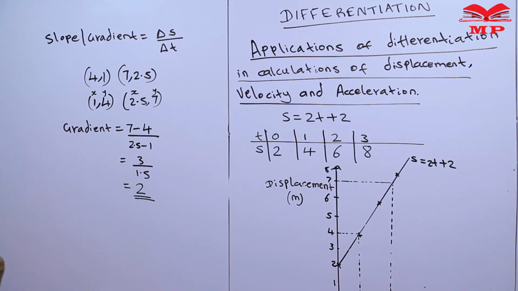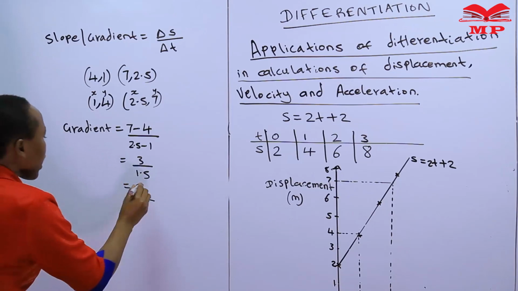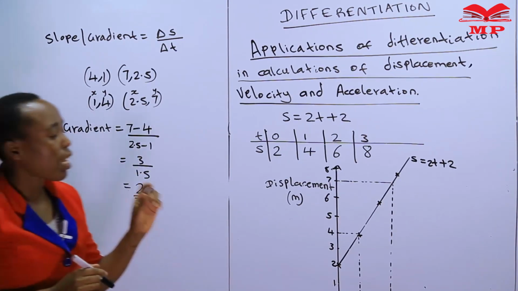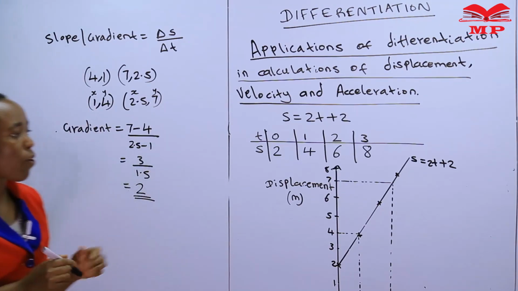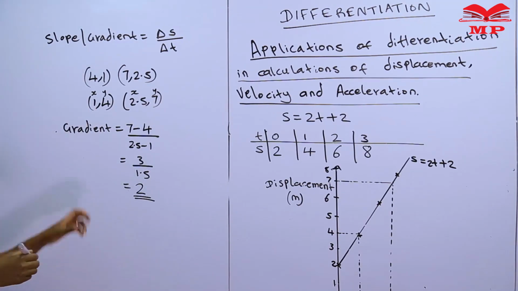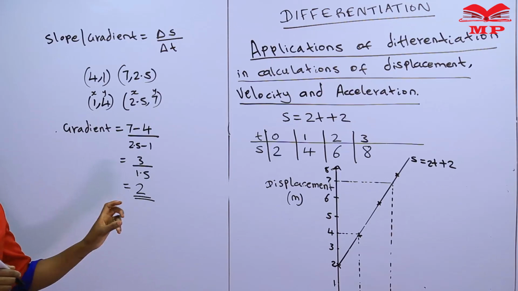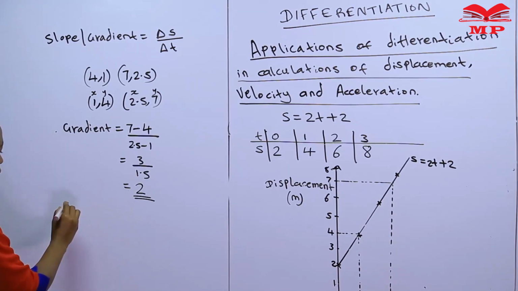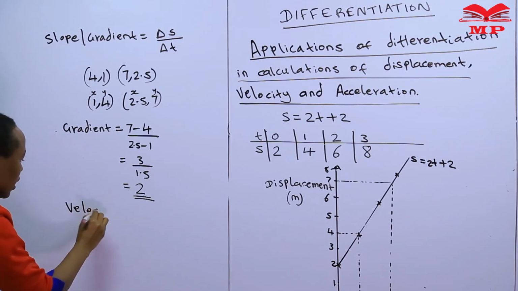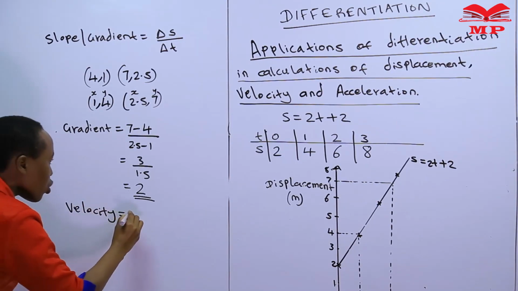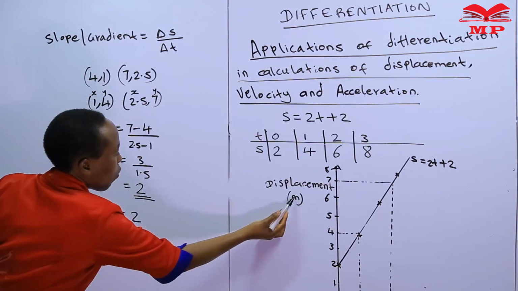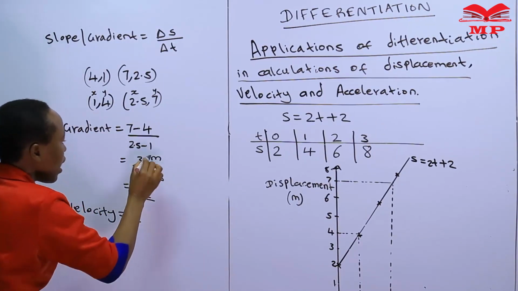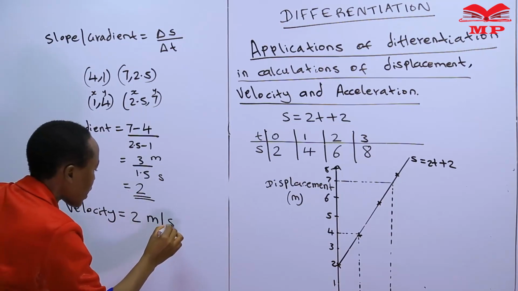I want you to note that our gradient is equal to 2. And we have seen that on the graph for displacement against time, the gradient is equal to the velocity. Therefore, from plotting the graph, the velocity is 2. On the y-axis we have meters, on the x-axis we have seconds, and therefore it is 2 meters per second.